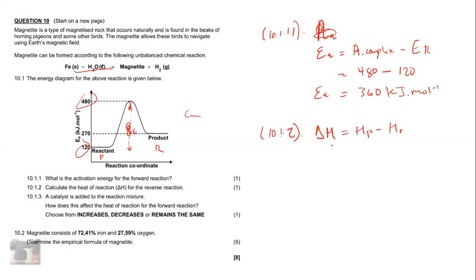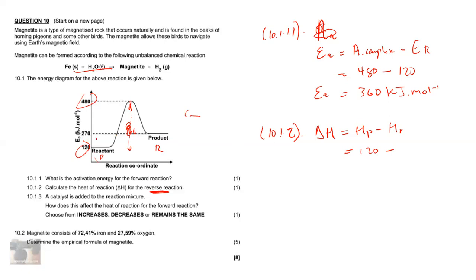Okay, so now our products, it's now this, it's 120. Be careful here, guys. They said reverse reaction, guys. So that means to determine delta H of the reverse reaction, what is the energy of the product? The energy of the product is this one. It is no longer this. It is this one, reverse, not the forward. It's 120. Subtract the energy of the reactant.